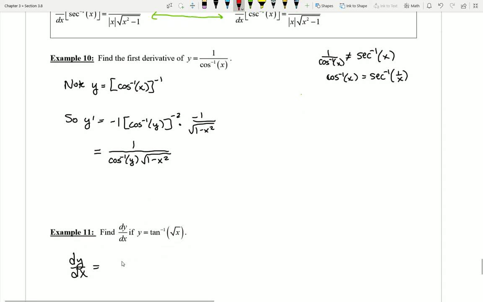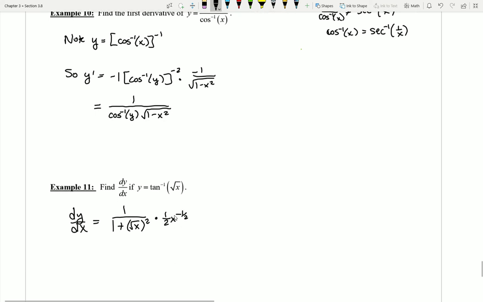So in this case, I would end up with 1 over 1 plus stuff being squared, and then I would multiply on by the derivative of that stuff, which would look like 1/2 x to the -1/2. I'd just use the power rule for that piece.